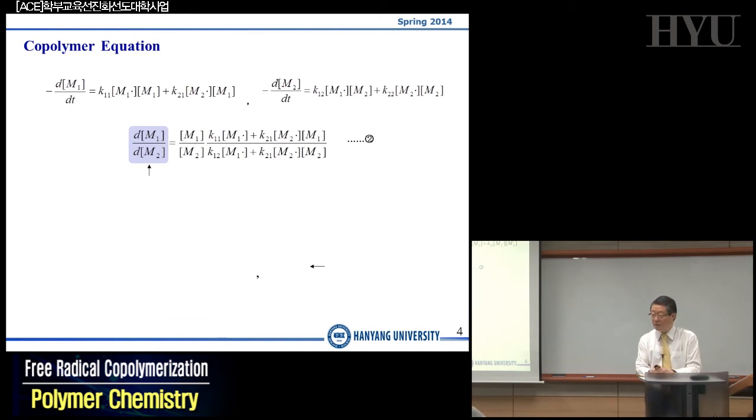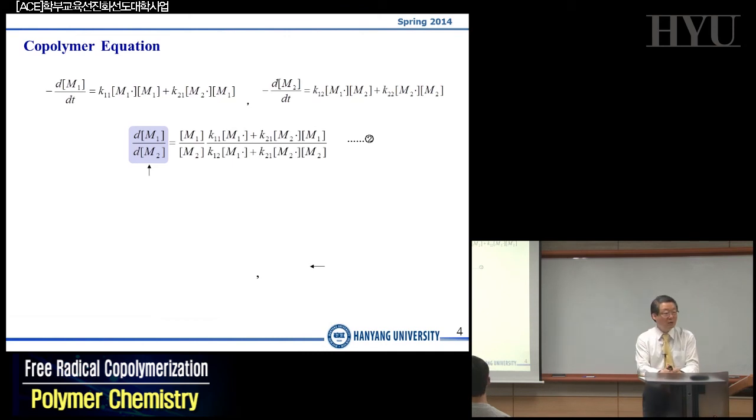Now in the second equation, we have M1 and M2, K11, K12, K21, and K22. There is a mistake here, sorry. This is K21, and this is K22, and M1 dot and M2 dot.